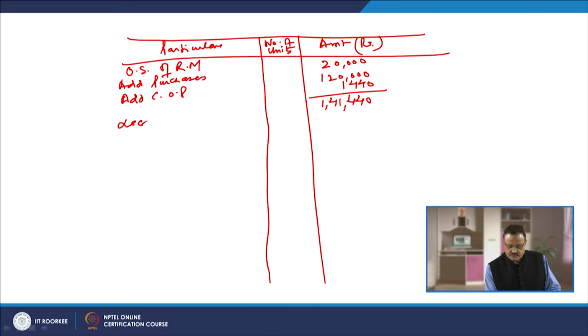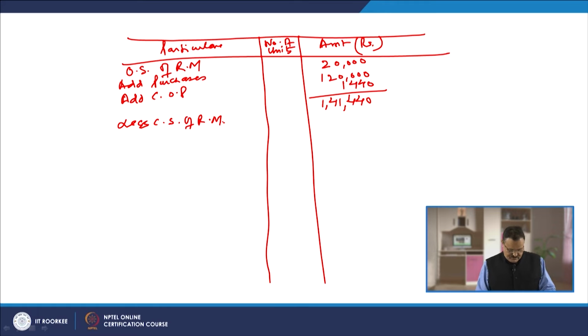Now, out of this total amount purchased, some amount is shifted to the closing stock and that will be used in the next period. So what you have to do is less closing stock. What is the amount of the closing stock of raw material?